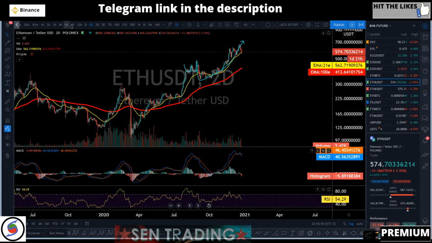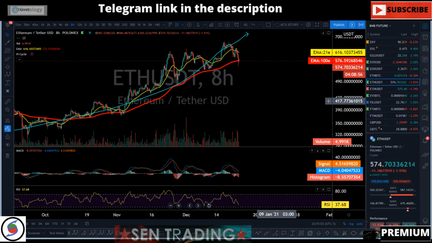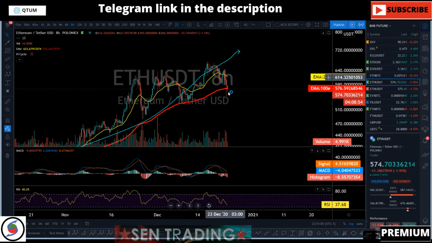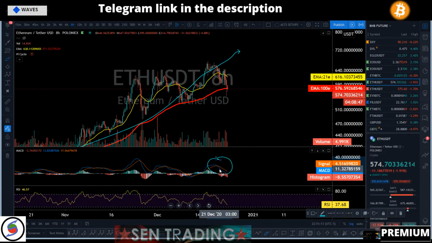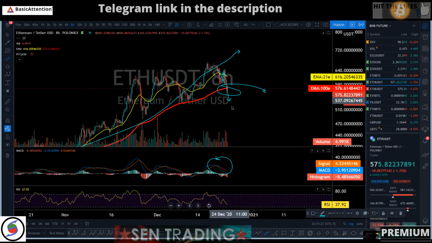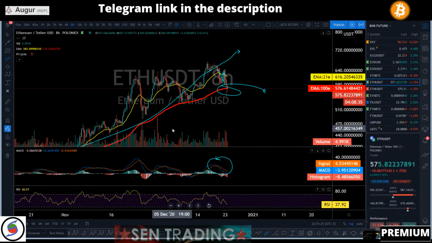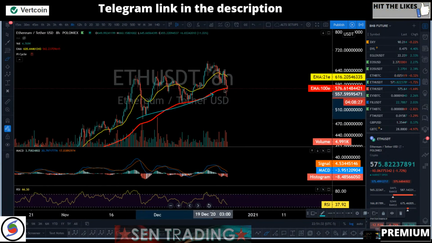On the lower degree right here, of course, it did break below the 8-hour 21 and 8-hour 100 EMA. You can see it pushed back up and got rejected. We already got the bearish crossover, and it got rejected by the 21. So now if secondary support fails to hold, it is most likely going to do this. But the lower degree is basically developing a slow bearish momentum.